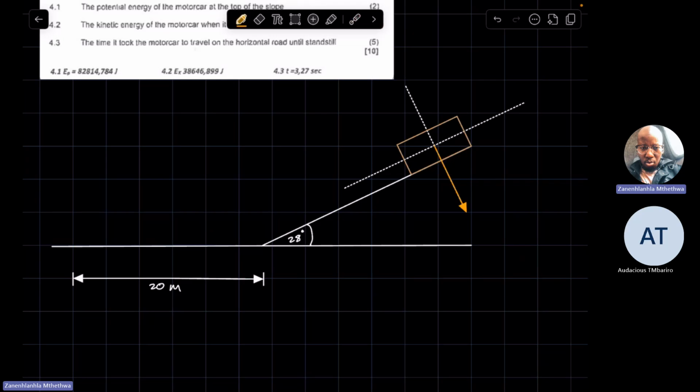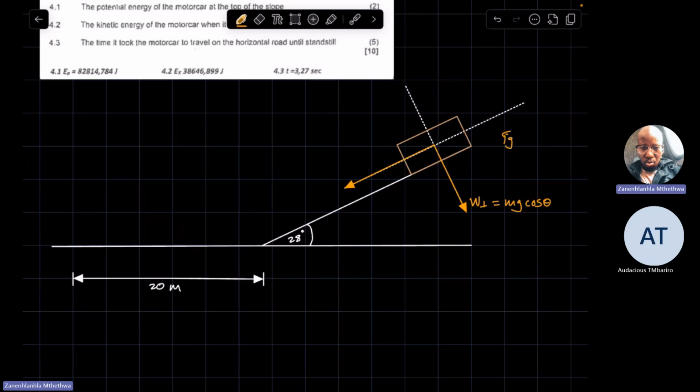That is the weight component perpendicular to the plane, that's mg cos theta. So before this even starts moving, these are the forces that this object is subjected to.